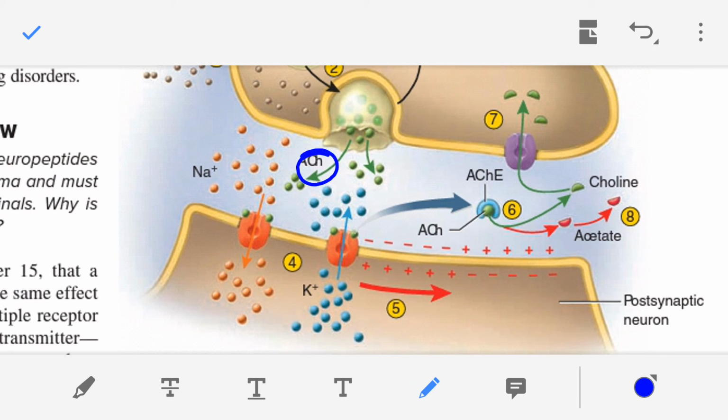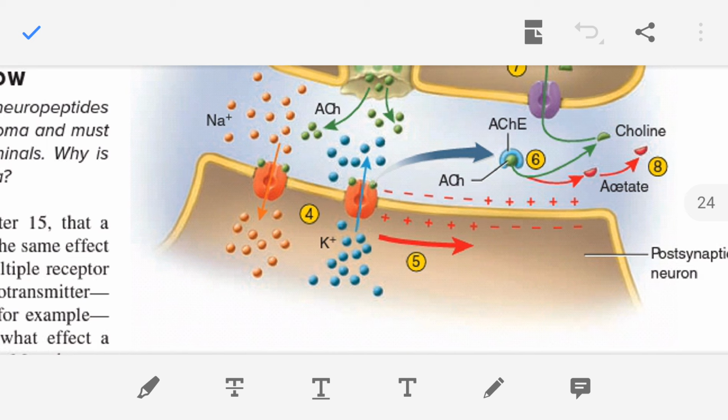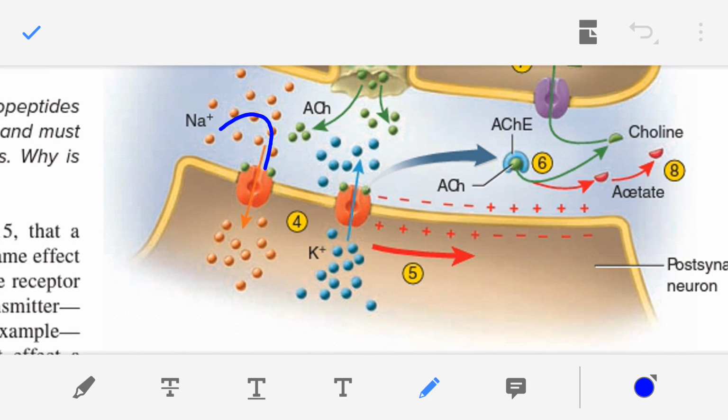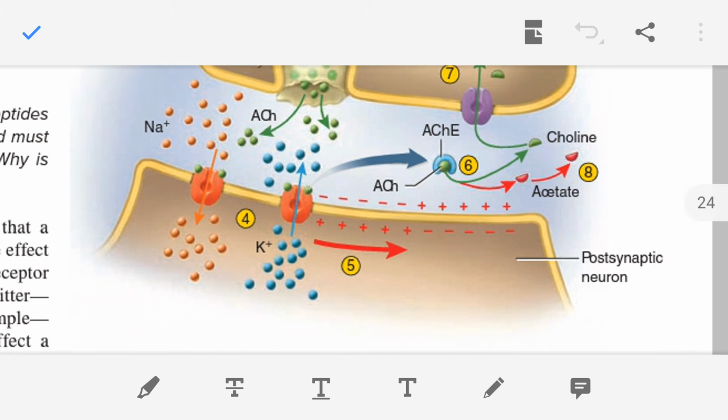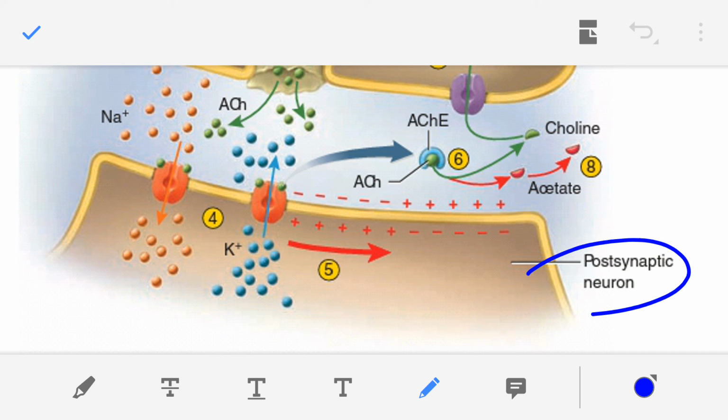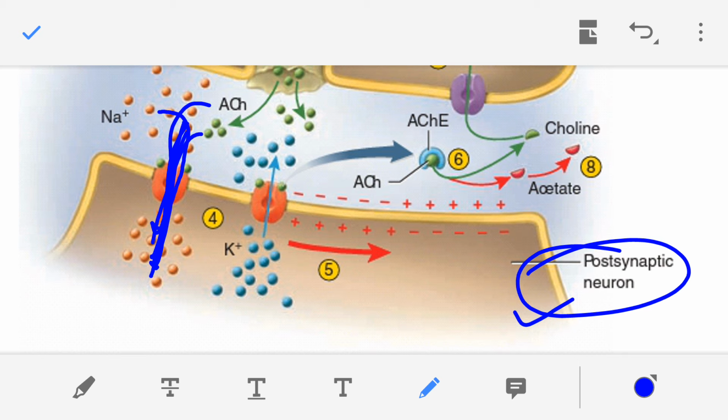The acetylcholine neurotransmitter binds with the receptor, so the ligand gated channel opens, and Na+ is entering into the postsynaptic neuron. Here you can see Na+ entering through this channel. The entry of Na+ is very fast, very rapid. So many Na+ enter very quickly into the postsynaptic neuron.